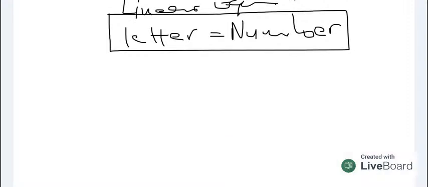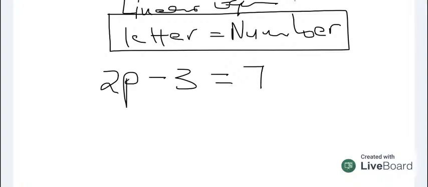So let's see, if you have 2p, let's say minus 3, and this is equal to, okay, let's say 7. Firstly, ask yourself a question. Is this an equation or an expression? It is an equation because it has an equal sign. Okay, what type of an equation is it? Is it a linear equation or is it a quadratic equation?